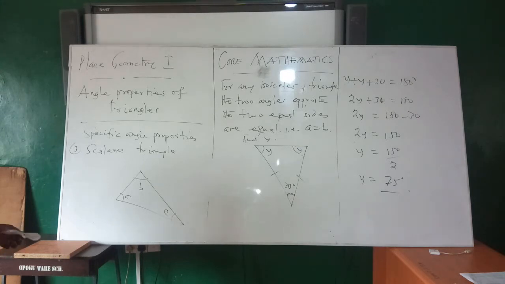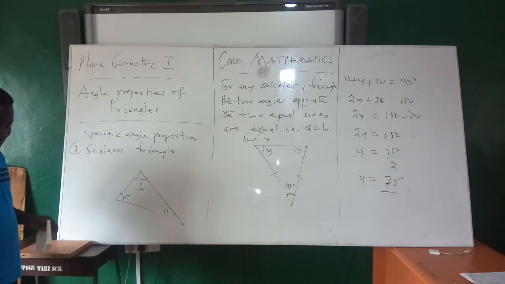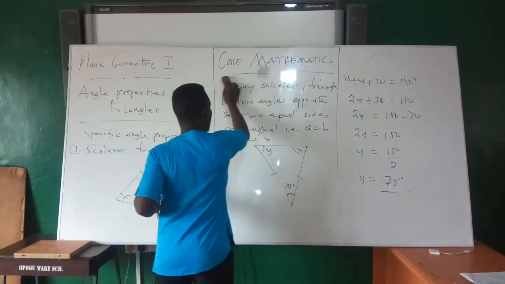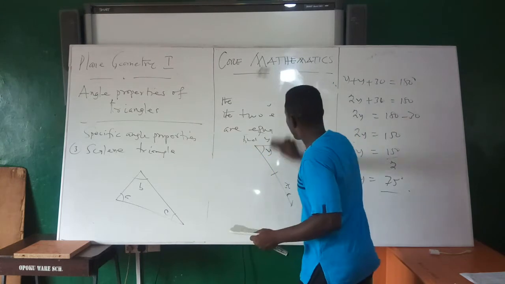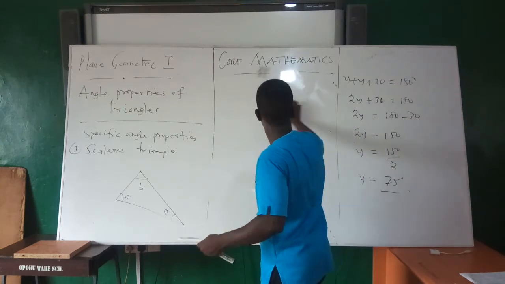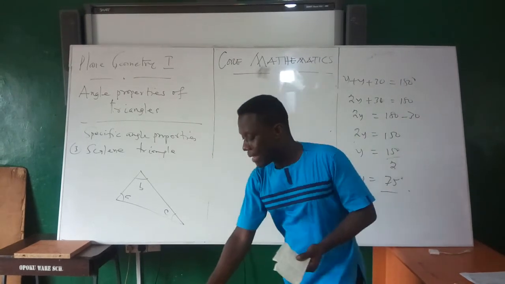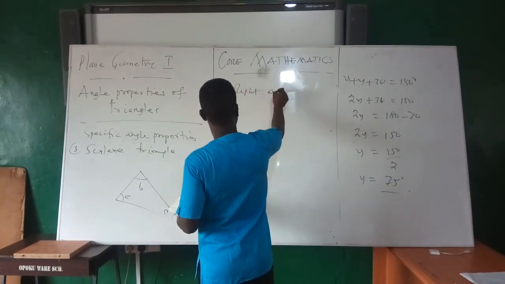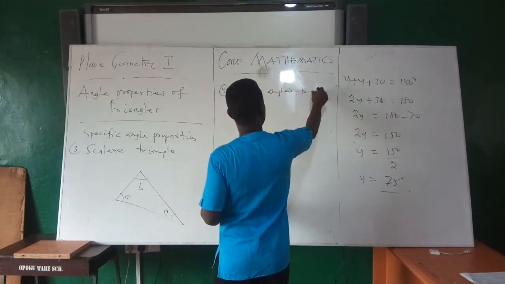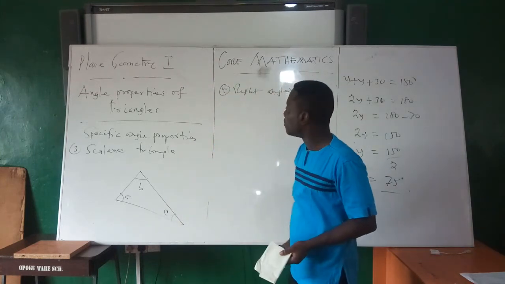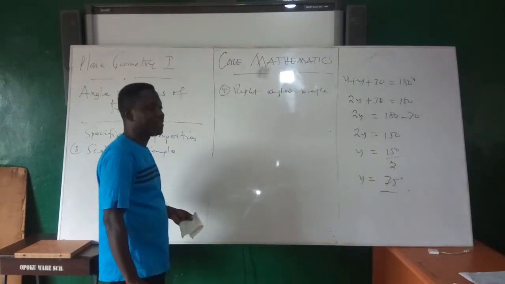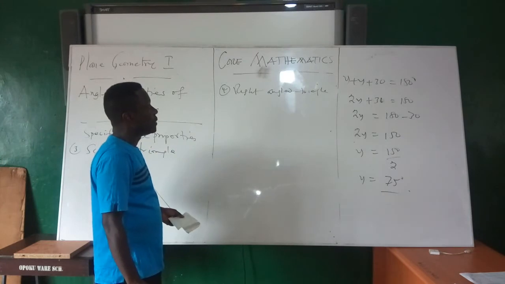And then you could also have what we call the right-angled triangle. Those are the types of triangles where at least one of the angles is 90 degrees.